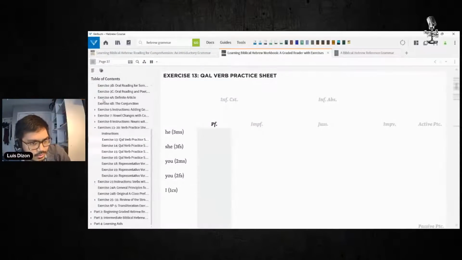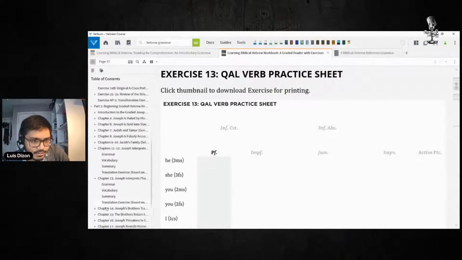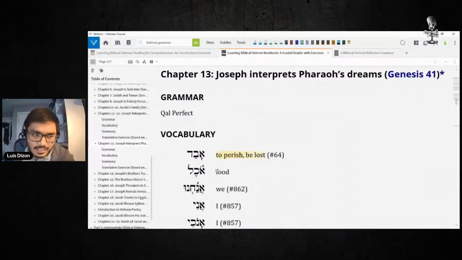So I'll spend the next 20 minutes doing translations. We'll do the ones for exercise chapter 13. Joseph interprets Pharaoh's dreams.